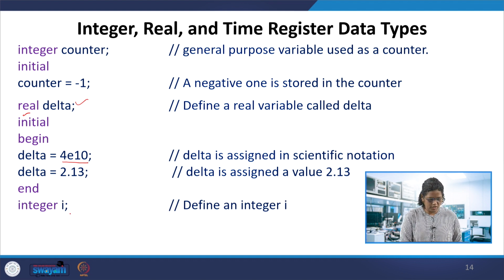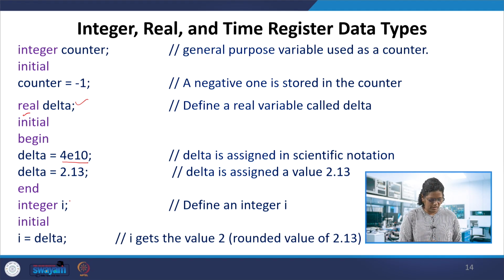Then integer I is defined as an integer. If we say I is equal to delta, what happens to the delta value? The delta value was 2.13 at the end of this code's execution, and it is assigned to I here.